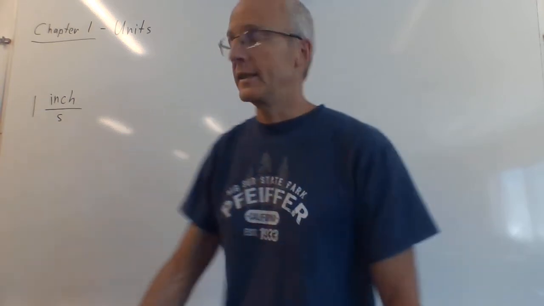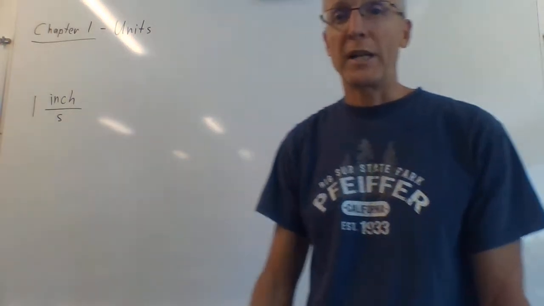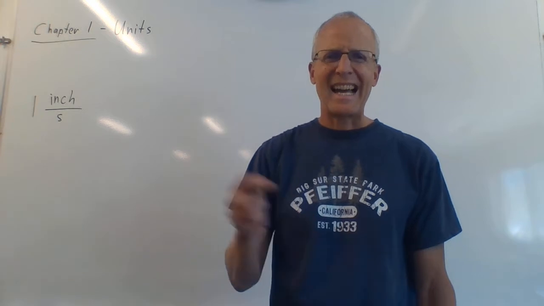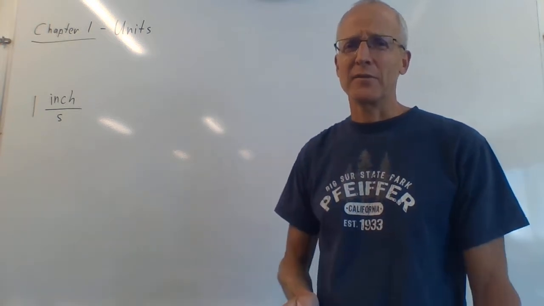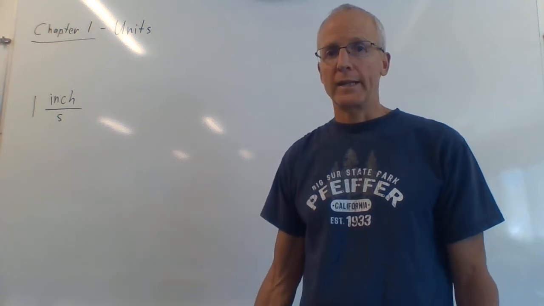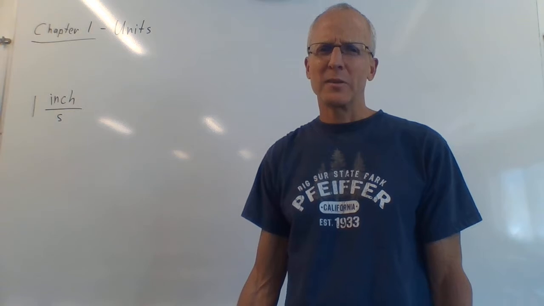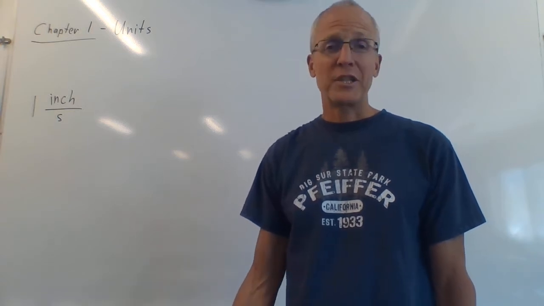So the way you do it is you write down inches per second as a fraction. It's much better as a fraction than as a slash because it's easier to cancel as a fraction. And then you start writing down things that are equal to each other. Okay, so let's say inches. We want to get to kilometers, which is metric.